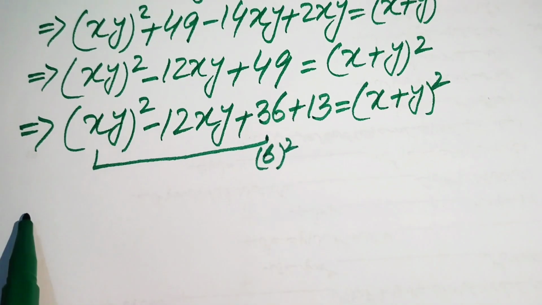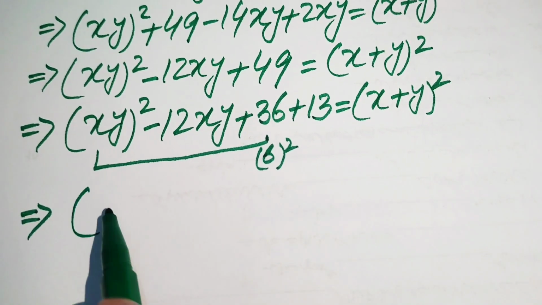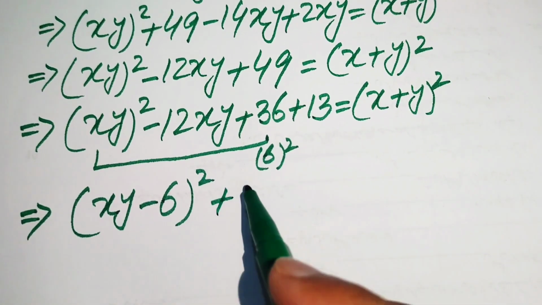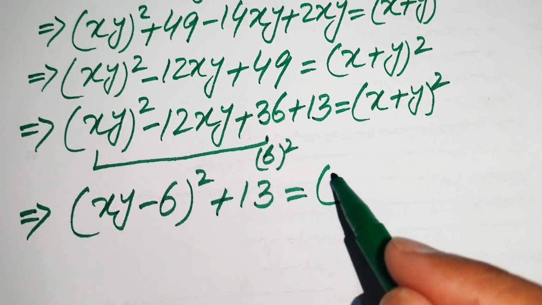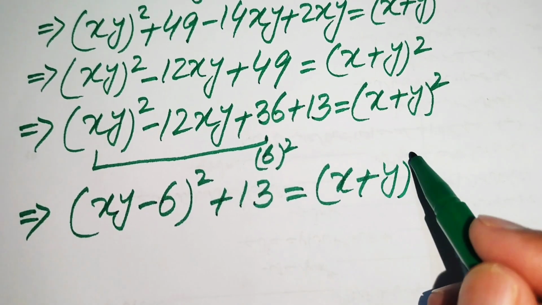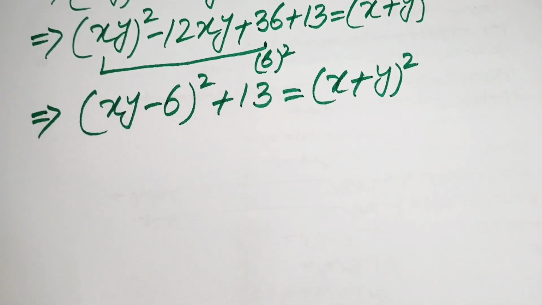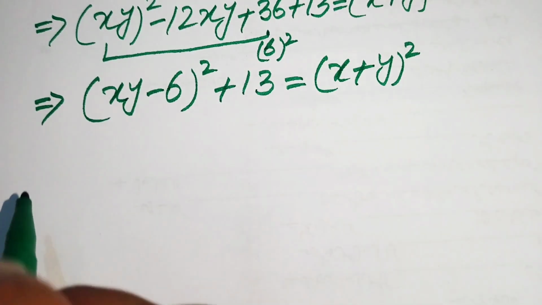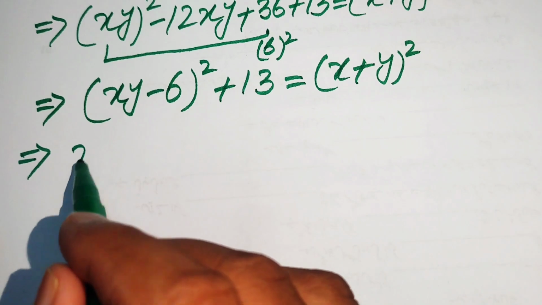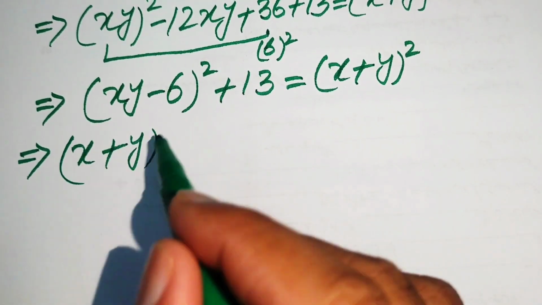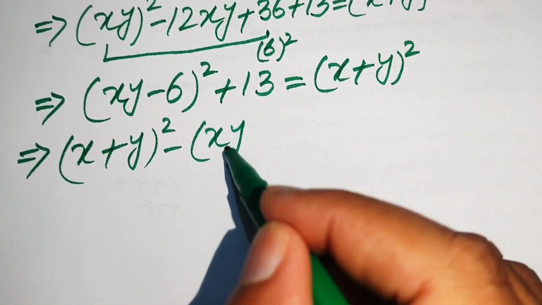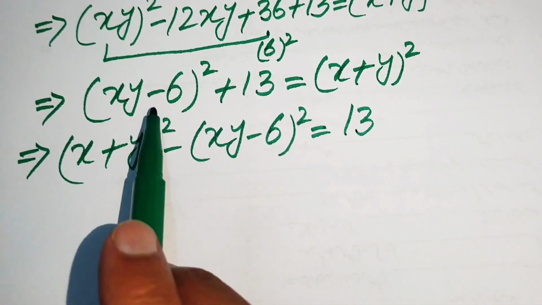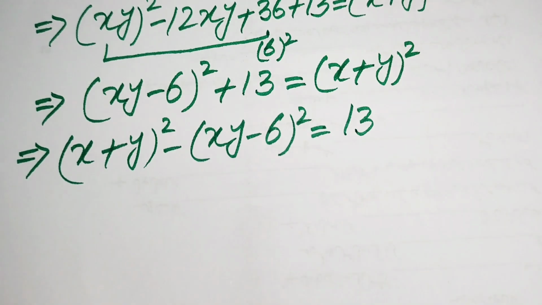So this will be the complete square (xy - 6)², and this is our plus 13 equals (x + y)². Now in the next step, we move this (xy - 6)² to the right-hand side, and it will be written as (x + y)² - (xy - 6)² = 13. We move this term to the right-hand side, and it will be written in this form.